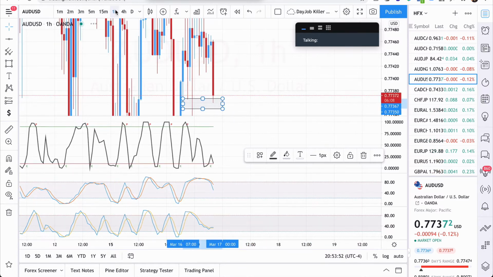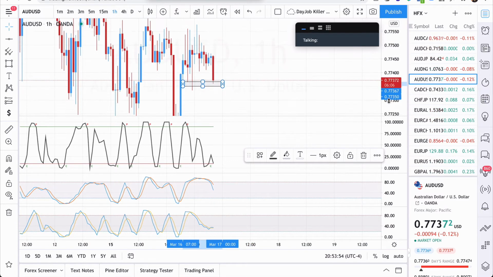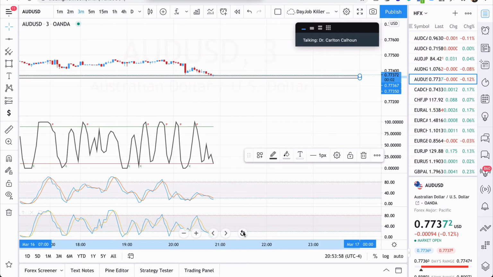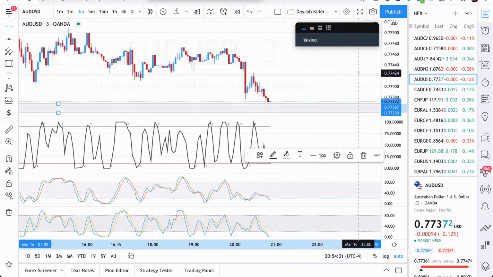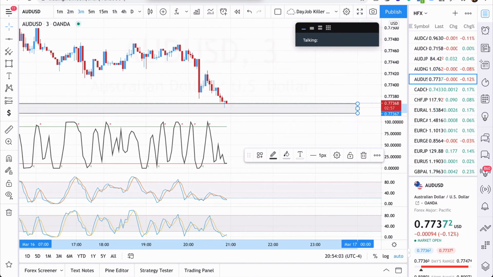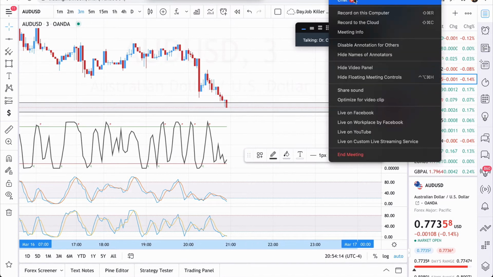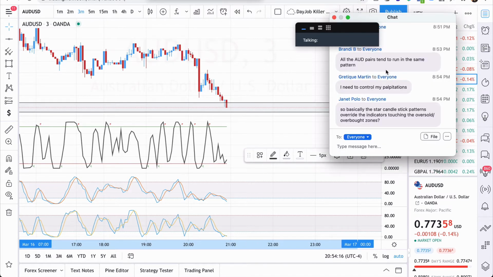Let's see, hour. Yep, that's one I would take potentially. Here's the push down I mentioned. If you get pushed down below this area and then it turns up, you should get a C. So basically the star candlestick patterns override... No, they don't override the indicators.